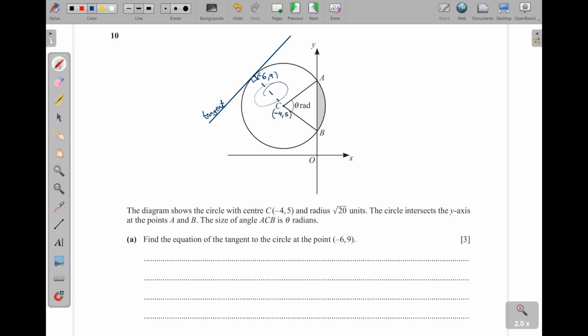Then after that I use m1 m2 is equal to -1. Then I will be in position to get the gradient of the tangent. After I have gotten the gradient of the tangent, I will be in position to find the equation of the tangent, because to find the equation of a straight line, you need the gradient and one point through which it passes.